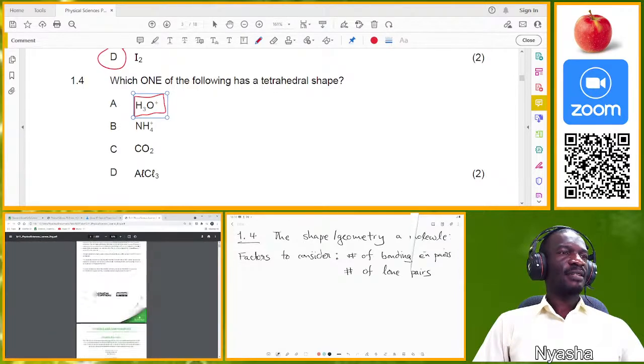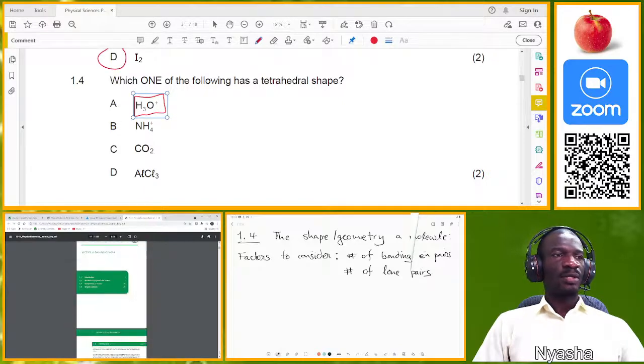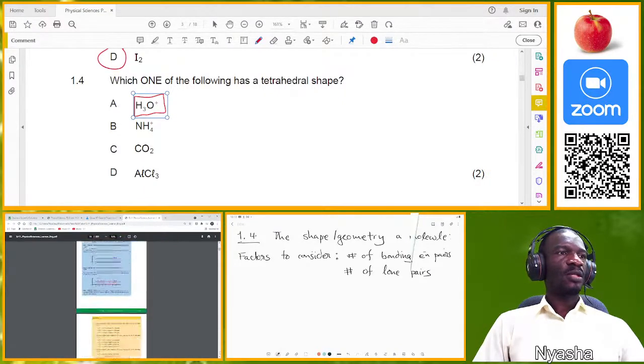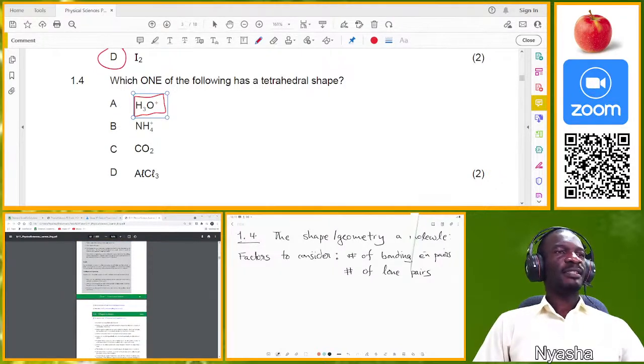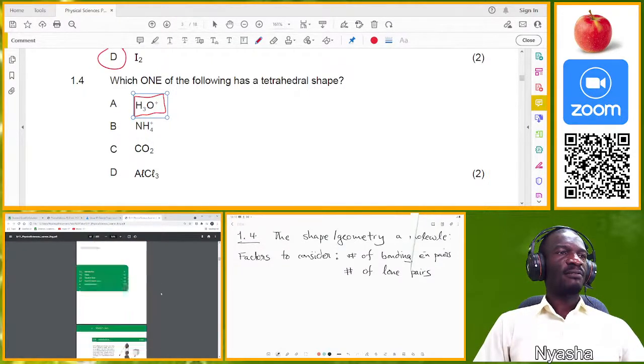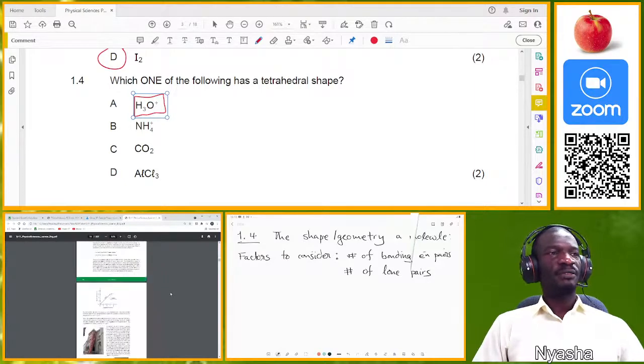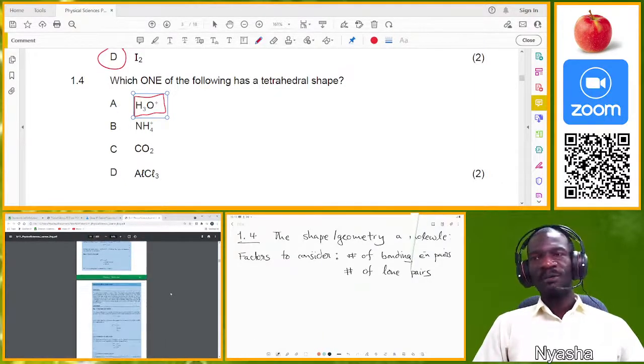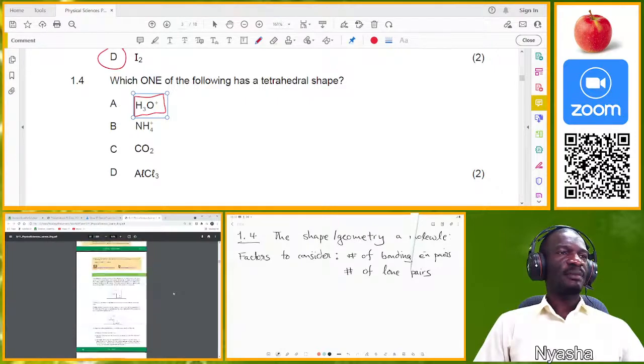The criteria for finding those lone pairs. Let's scroll. The chapter is on molecules and bonding. Let's just see if there's someone here. If you're here, please put it in the chat and tell us the number of lone pairs and the number of bonding electrons in each of these molecules.